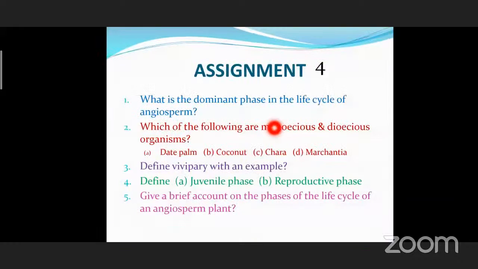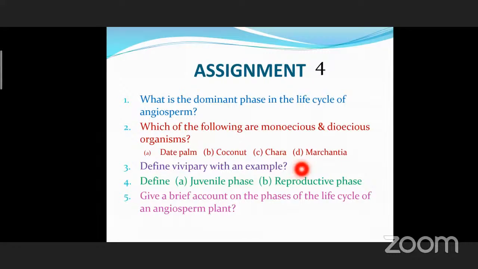Next, today's assignment. Fourth: what is the dominant phase in the life cycle of angiosperms? This is a 2 marks question. Next, which of the following are monoecious and dioecious organisms: date palm, coconut, chara, and marchantia? This is also a 2 marks question. Third, define vivipary with an example, for example mangroves.